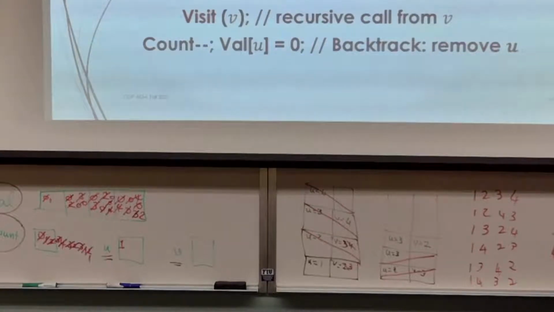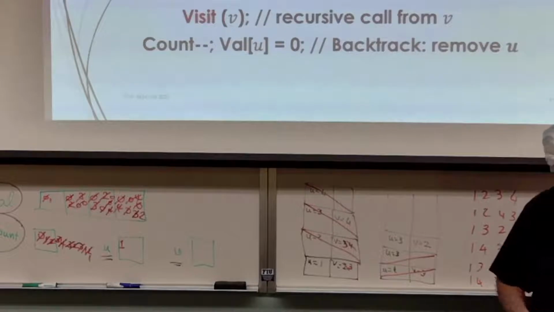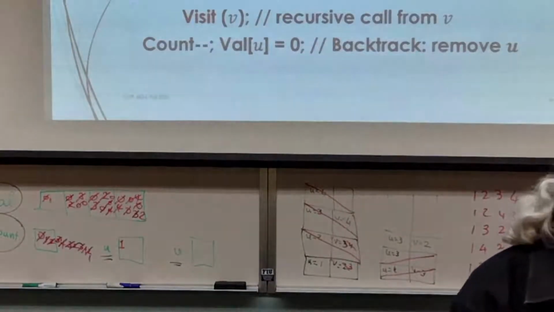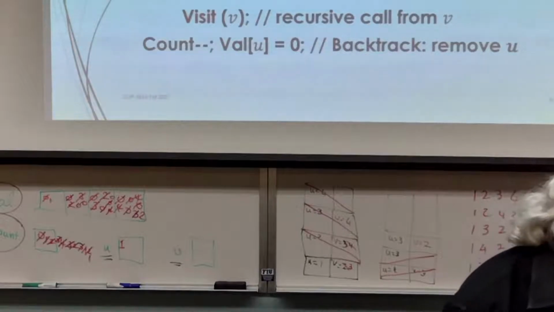So we know count is never going to be the same during 2 recursive calls. So that means you'll always get a permutation. No, hold on a second. You get a permutation if no number gets repeated, and you're saying count is always incremented, and so that's not going to happen.